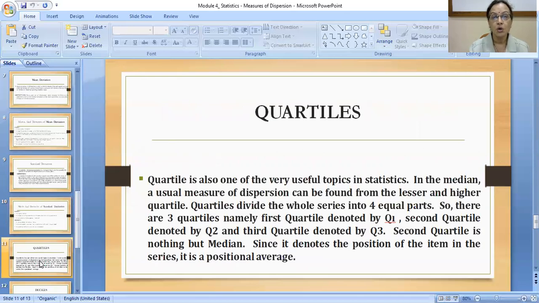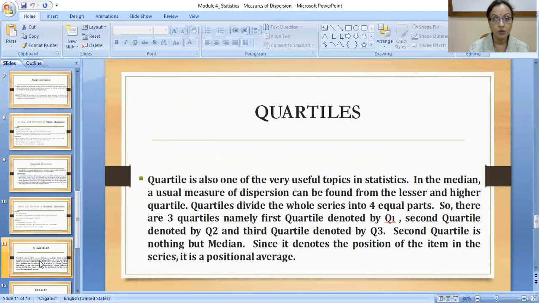Now we shall see quartiles. Quartile is also one of the very useful topics in statistics. Along with the median, a useful measure of dispersion can be found from the lower and higher quartile. Quartiles divide the whole series into 4 equal parts.